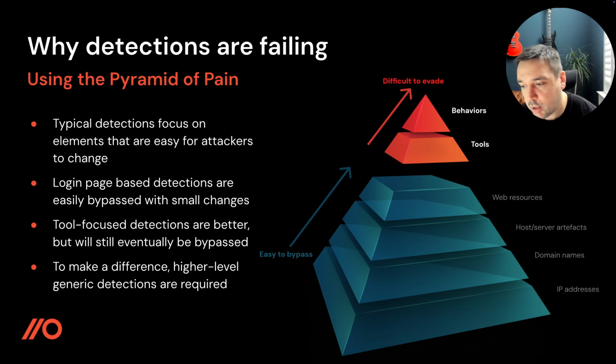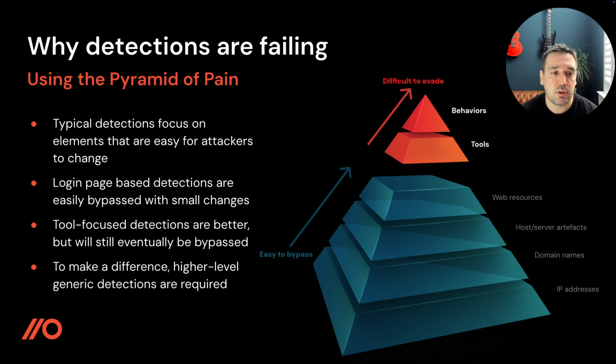So okay, I've been through quite a lot of techniques now, so I want to wrap up with the key points, and say why detections are failing. I want to reference the pyramid of pain here. Typically detections focus on elements that are relatively easy for attackers to change. Obviously domains and IPs and TI feeds are the ones that are most backwards looking and are constantly evaded by attackers.